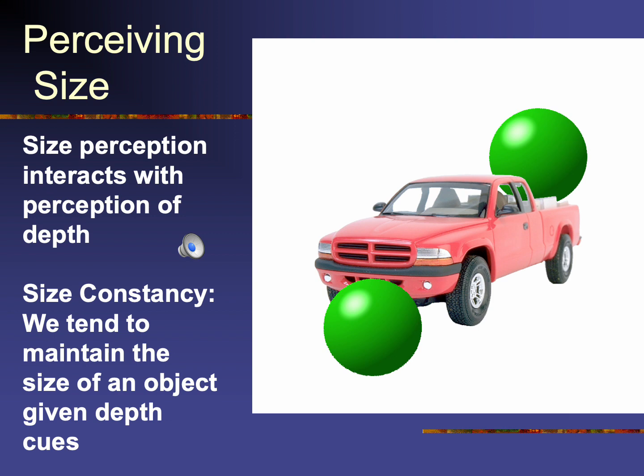Unless you're dealing with something like a balloon or a basketball, something that's going to change size in a natural fashion, you tend to maintain the size of objects given depth cues. As objects go back away from you, you tend to maintain the idea that they're the same size. As they come closer, you tend to maintain this idea of the same size, even though they're taking up more or less space on the retina. This tendency for perception to be biased in this way is referred to as size constancy.